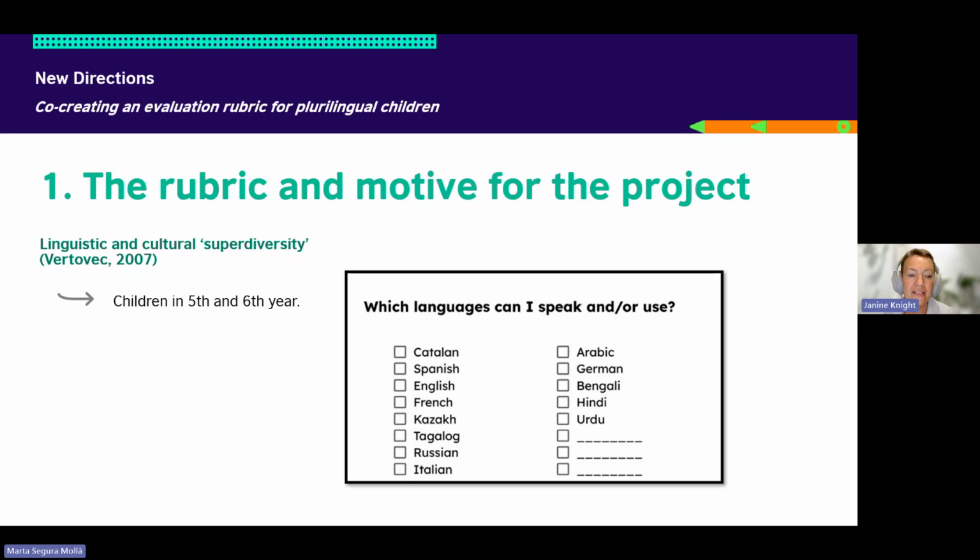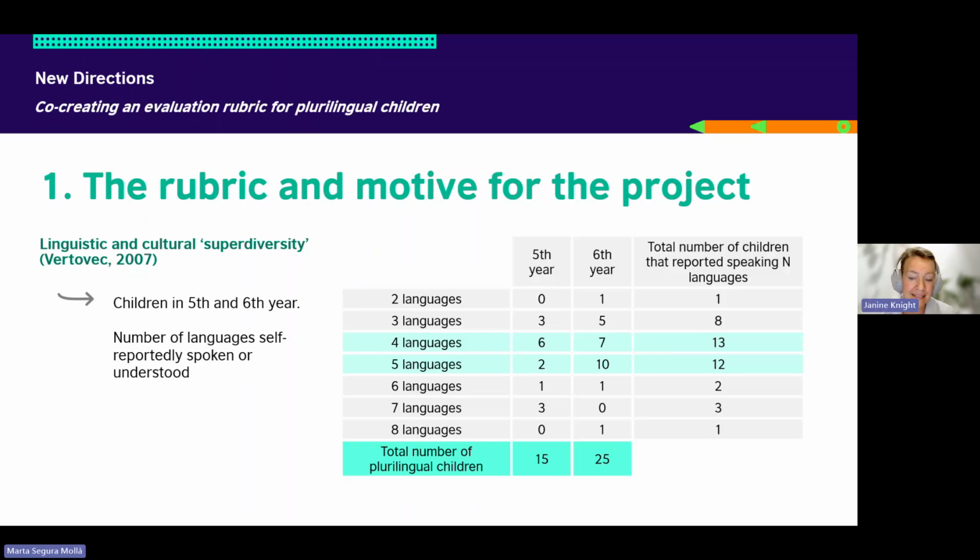So if we look at this slide that relates to what we can call the linguistic and cultural superdiversity of the children in the 5th and 6th year in the school who formed part of the project, we can see that there are at least 13 languages across these 2 year groups. And in this slide, we can see the number of languages that the children said that they either spoke or understand.